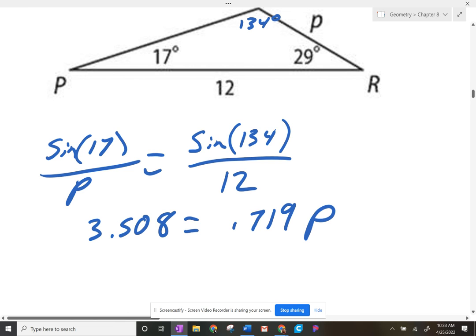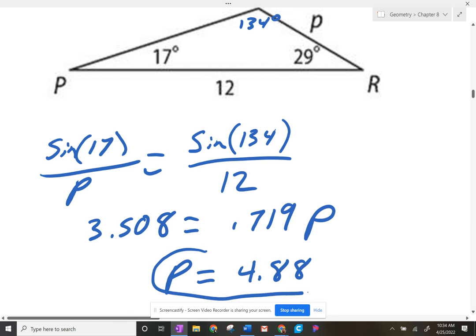And then you would have got p all by itself. You should have ended up with p equaling around 4.88, depending on where you rounded at. Some of you guys had 4.87. Some had 4.86. I think somebody had just a 4.9. Again, your answer should have been close to 4.88. Okay? Questions on the law of sines?